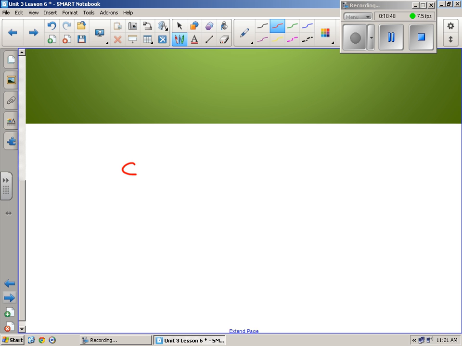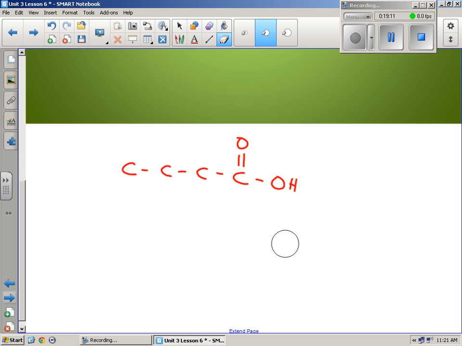Butanoate looks like this: 4 carbons, double bond O. Butanoate comes from butanoic acid, by the way. I don't call it butanoic acid because I'm not putting an H here. That's butanoic acid. I have butanoate, so I need O there.